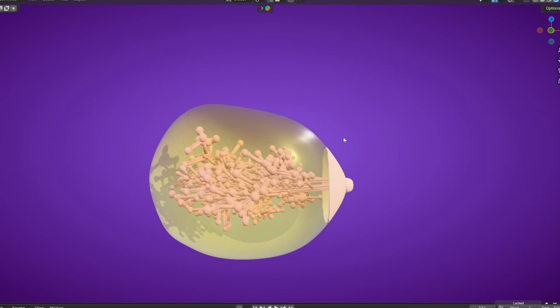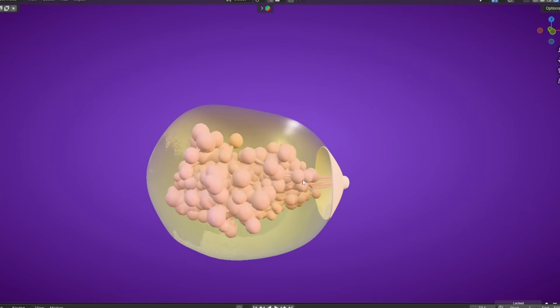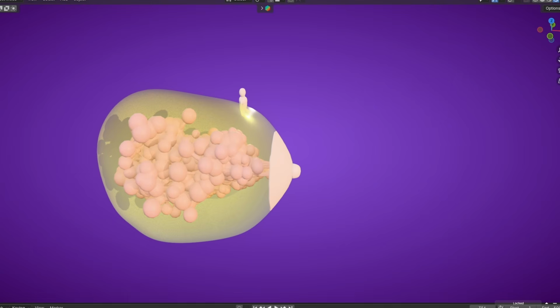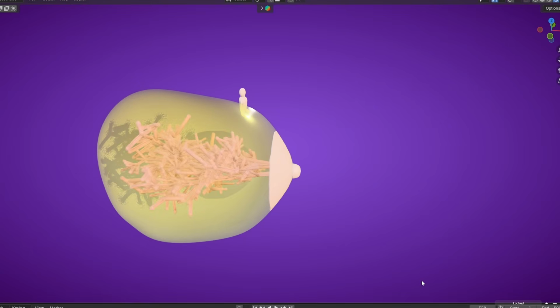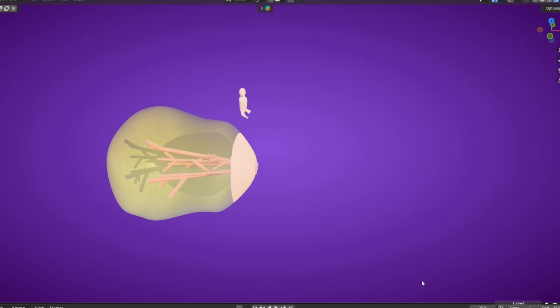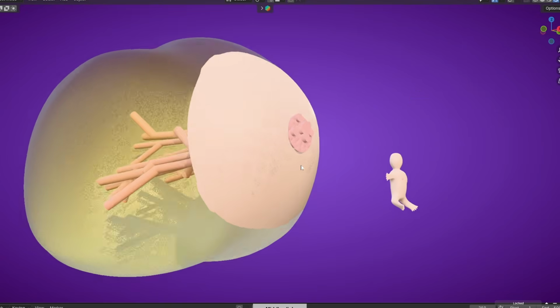When pregnancy starts, these alveoli will develop and secrete milk. Another thing I haven't told you is that initially all these ducts opened in this region, which is initially a depression or pit.